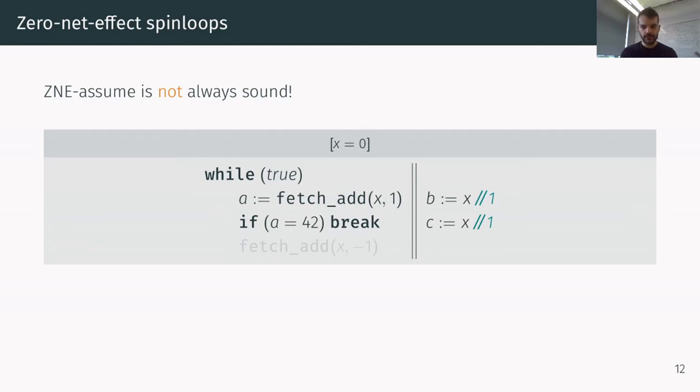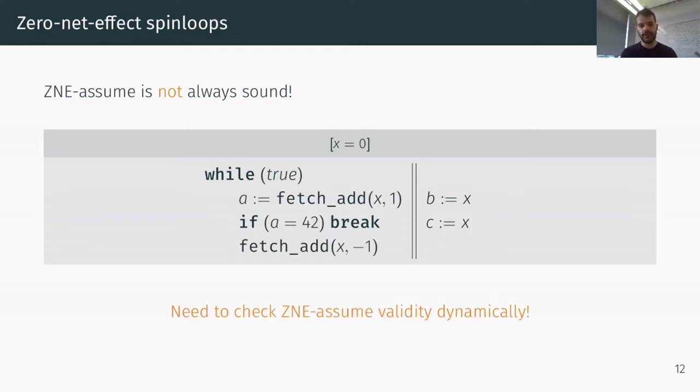And what we need to do to fix this is actually check whether the zero net effect assume transformation is valid at runtime. So what Saver does is that if it notices that there are some concurrent threads observing the value of the lock, or there are some concurrent writes to the lock's location, then it just rolls back the transformation dynamically, and it also explores scenarios where the lock acquisition fails.